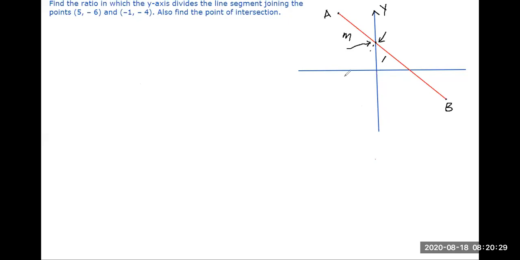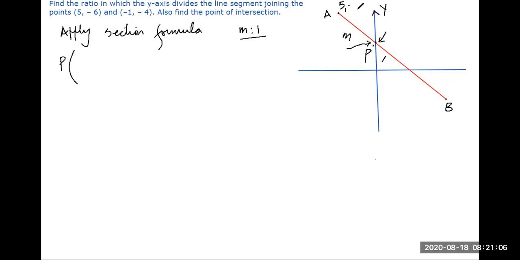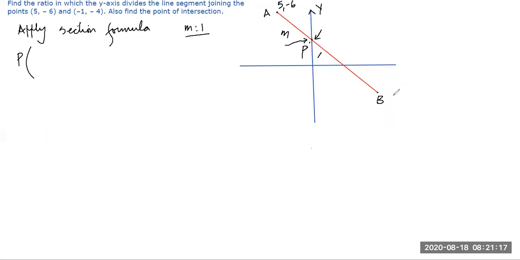So now we apply the section formula. According to the section formula, the coordinates of any point, let's say this point is P, which divides the given line segment in the ratio m is to 1, with the coordinates of A as (5, -6) and B as (-1, -4).